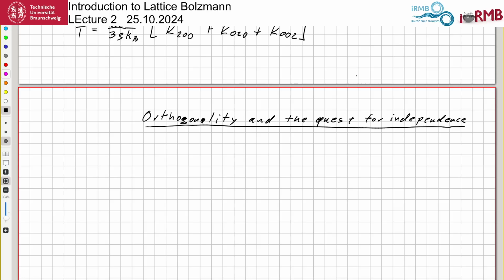Okay. Let's try out the following here. I say orthogonality and the quest for independence. There is something that actually confuses not only students but everybody who is working with the thing, and the important thing to understand is that it is confusing.